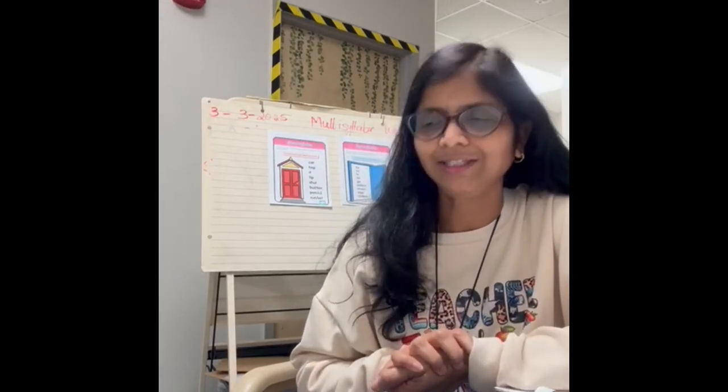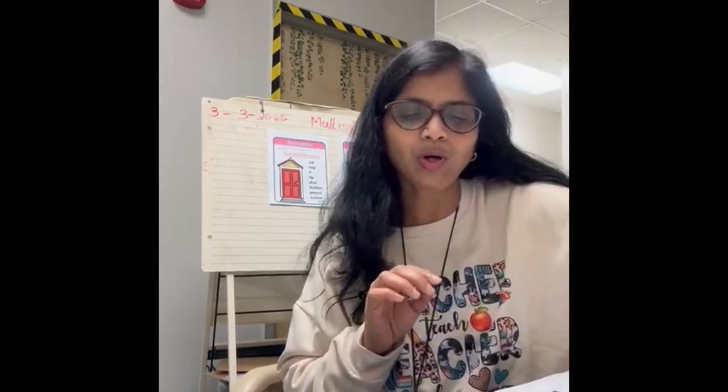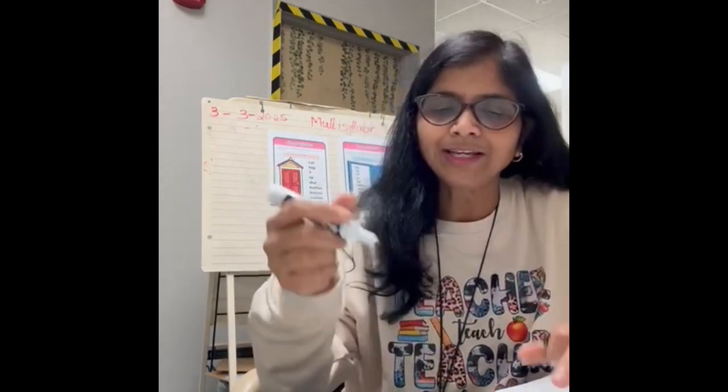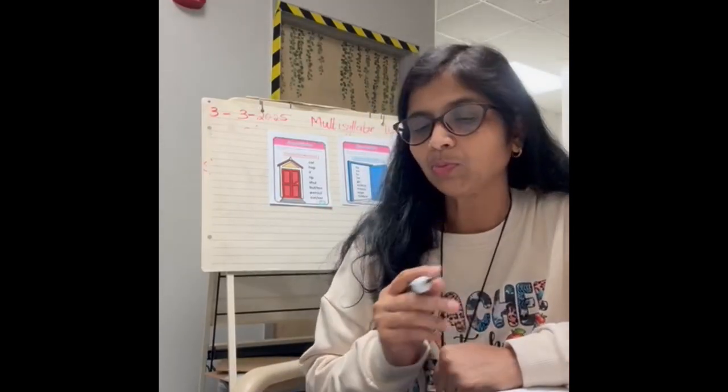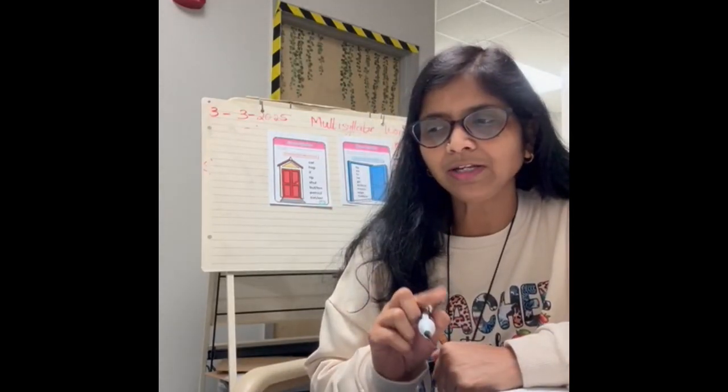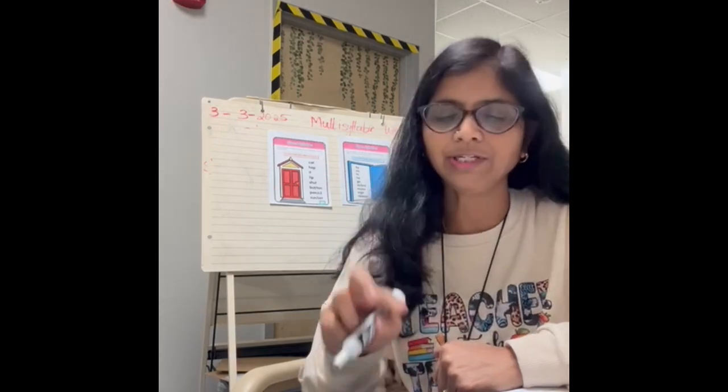When I'm looking at this word, we do not see 2 consonants together. So what can we do? We draw a line after the first vowel. Because we know that each syllable should have at least 1 vowel. So this is the first syllable. This is the second syllable.